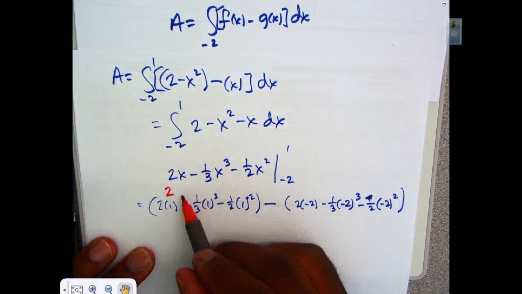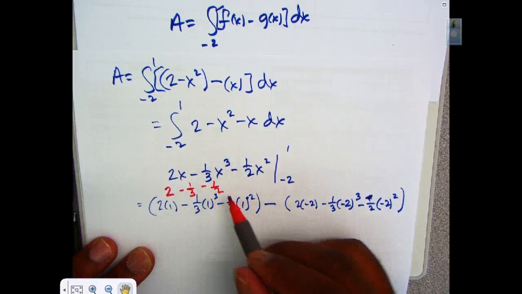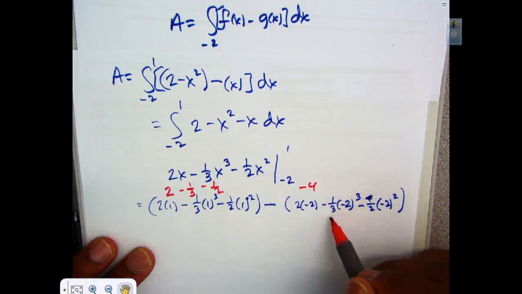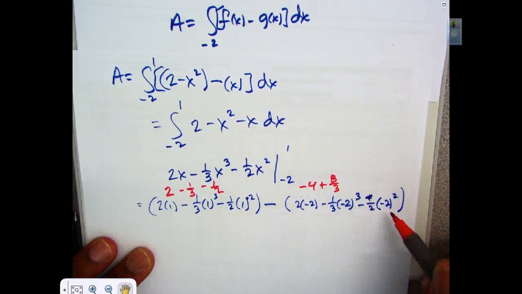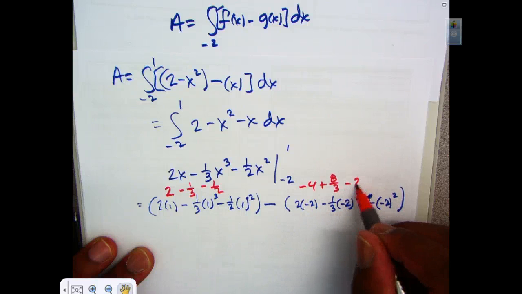So that's 2 minus 1/3 and then minus 1/2. Here this would be -4. -2 to the third would be a -8, so -1/3 times -8 is positive 8/3. And -2 squared is a positive 4, so positive 4 times -1/2 is -2.